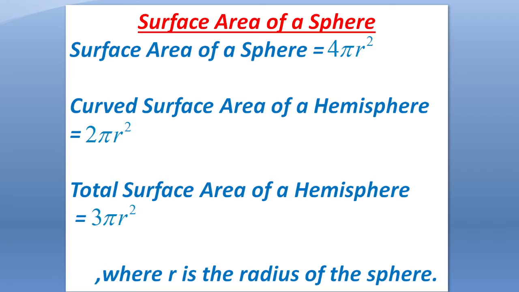Total surface area of a hemisphere is 2 pi r square plus the area of the base of that hemisphere, which is pi r square. So the total is 2 pi r square plus pi r square, which is equal to 3 pi r square, where r is the radius of the sphere.